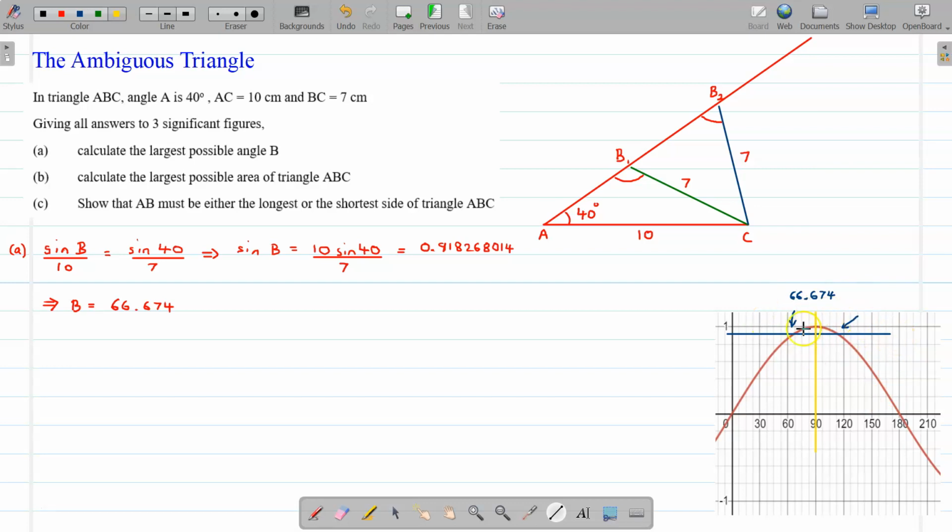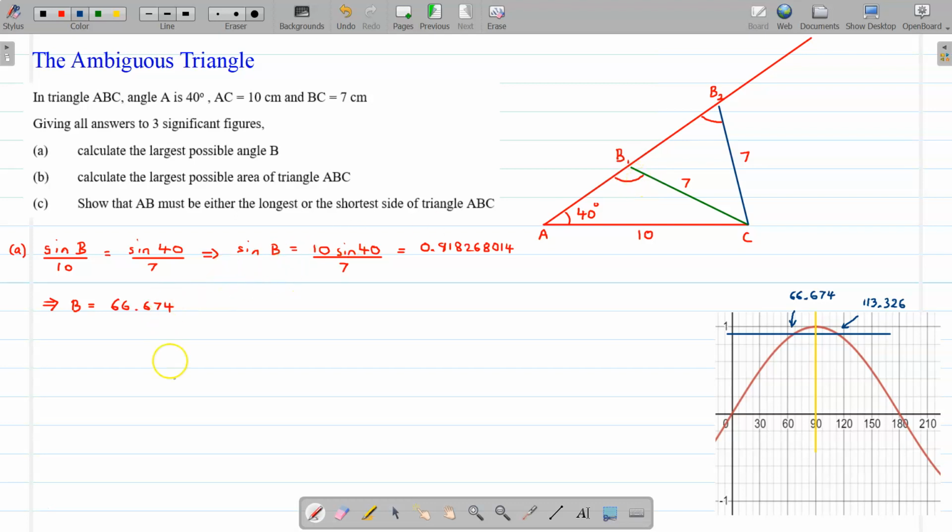So where I've put that second arrow, it's equal to 180 minus 66.674, and that comes to 113.326, rounded to 3 decimal places as well. So that number there is actually the angle B1.